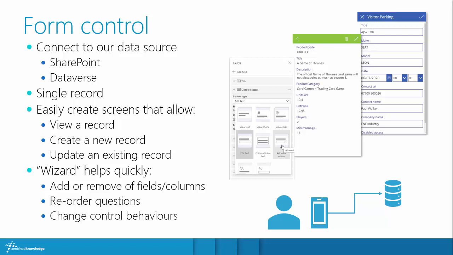So we have wizard-like help available to us within our form control. This allows us to quickly, and that's the key part there, quickly and easily grab our fields or columns, whatever they're called in our data source, depending on which data source you look at. They're all essentially the same thing, field or column.